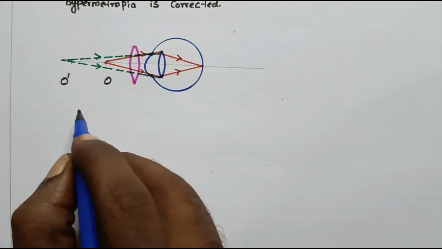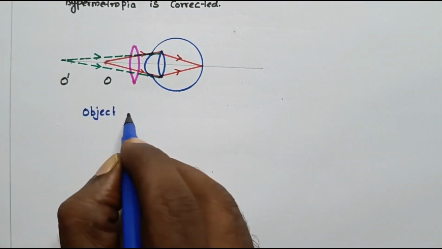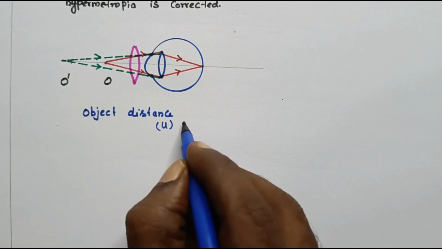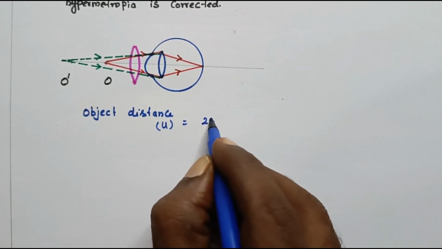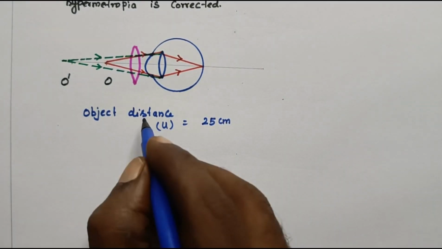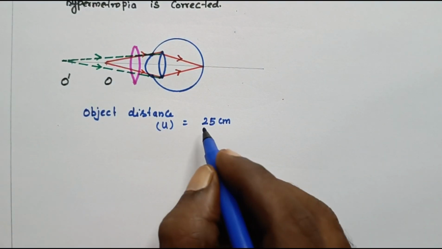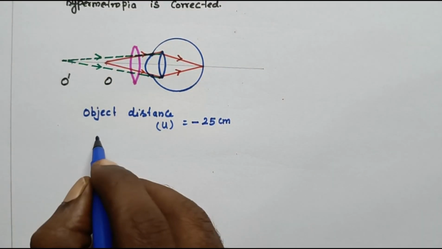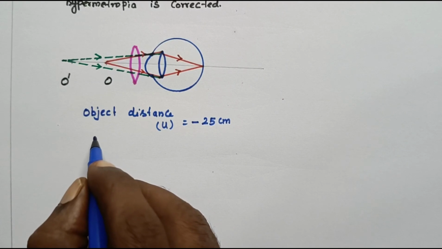Therefore, the object distance is 25 cm. The object is in front of the lens, therefore we have to put a negative sign here. A virtual image has to be formed at 100 cm because the near point of the hypermetropic eye is 100 cm.